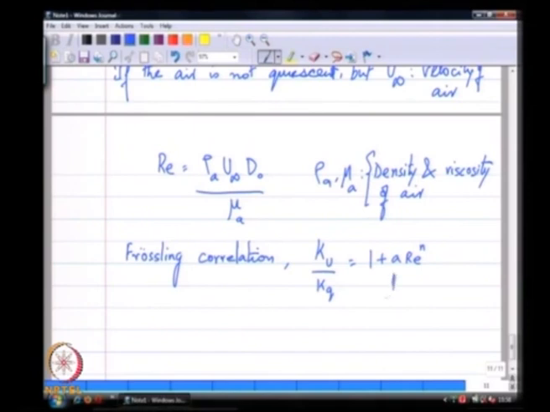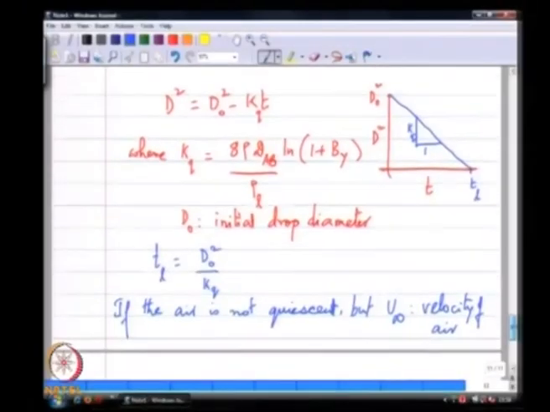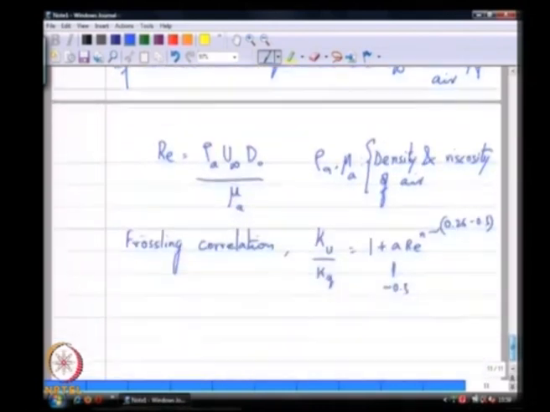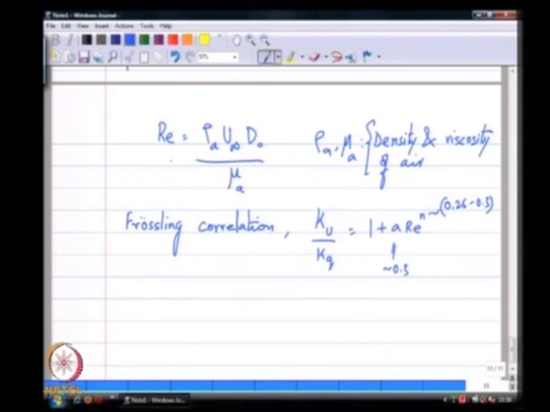A is typically about 0.3 and n is also about 0.25 to 0.3. So, it is a relatively weak dependence, but you can find a correction for the Kq that you estimate purely analytically, from pure thermodynamics and mass transfer. Kq is only a function of the diffusivity, vapor density rho, liquid density rho L and your transfer number B. So, you are able to correct for this Kq in the presence of a finite Reynolds number by using this Frössling correlation.